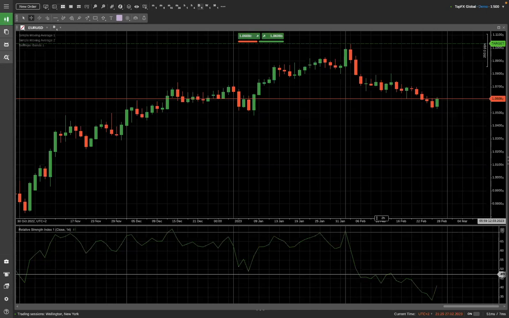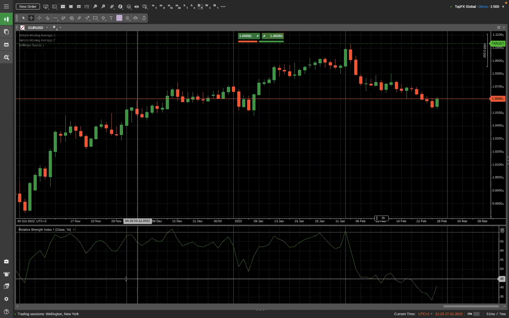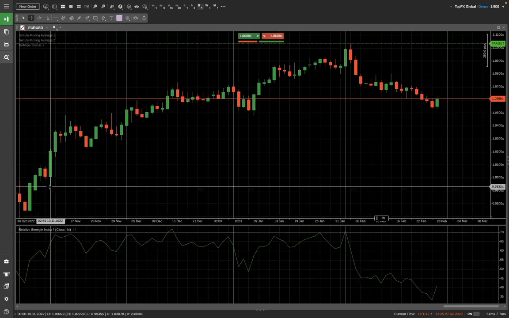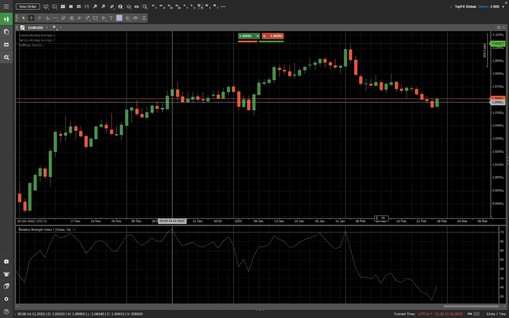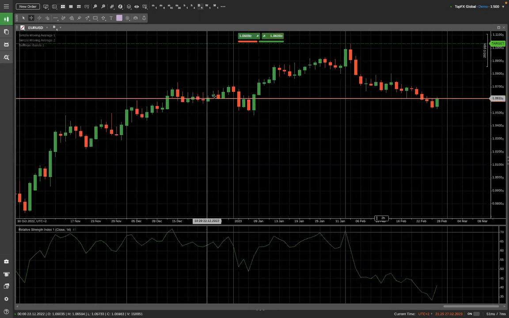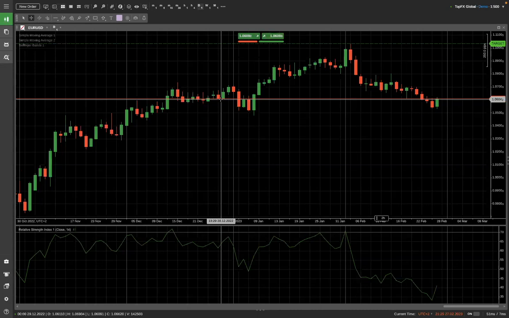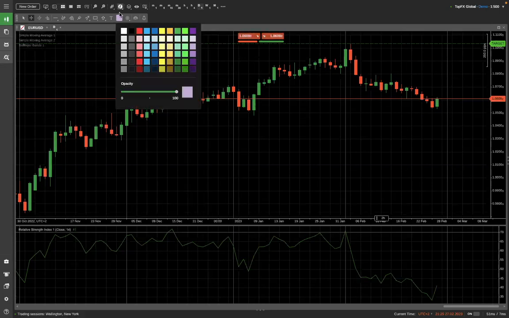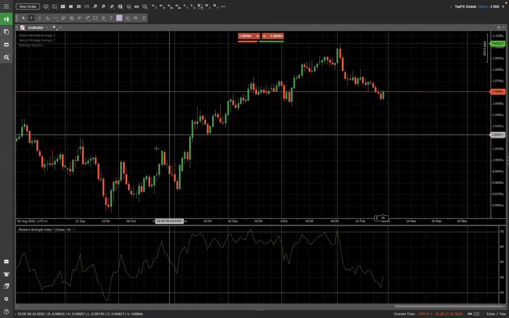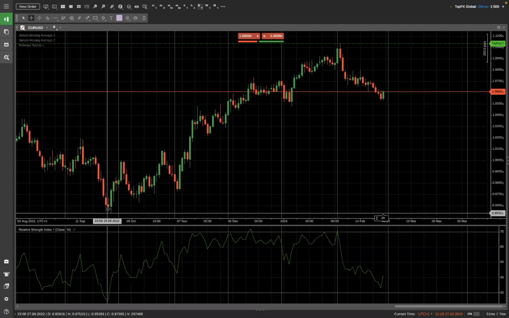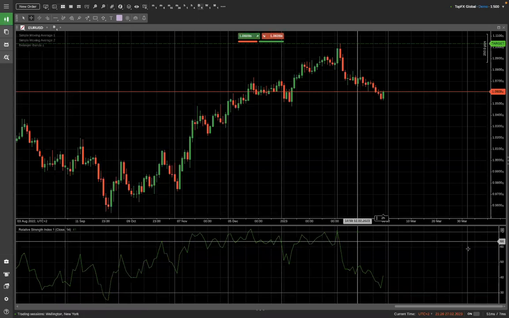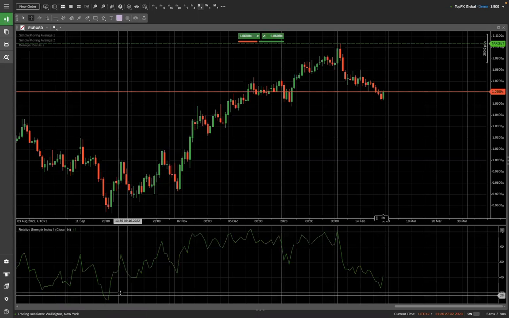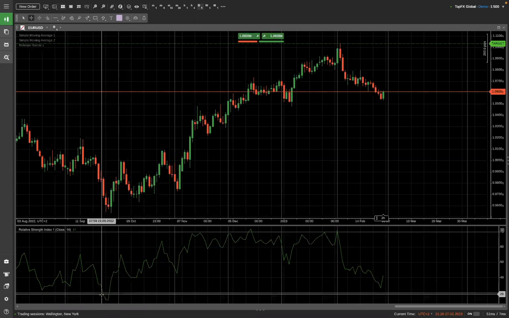So what the relative strength index is showing you is the pace of the changes in a certain direction of the particular market. For example, in our case it is the euro dollar on a daily time frame chart. Let me zoom out a little bit so you can see it clearly. From that low, the level of 30 is here, so you know that this is an extremely oversold level.